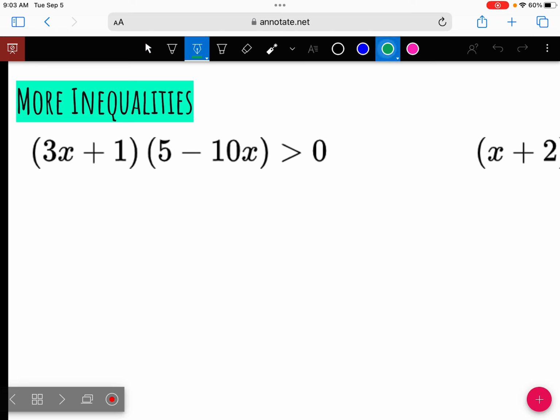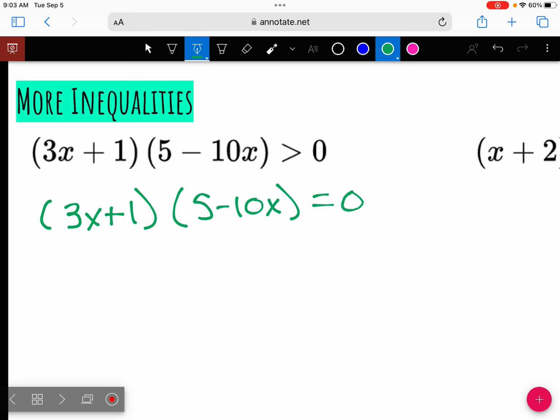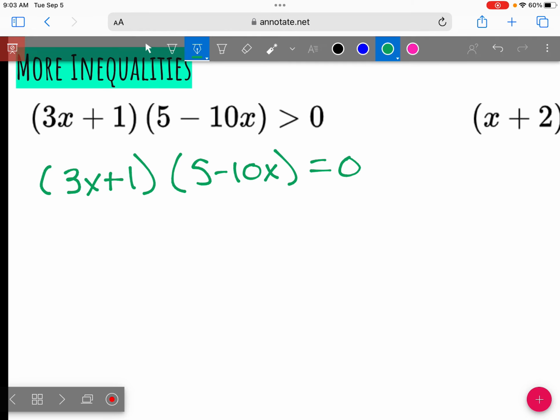So find the zeros for if this was 3x plus 1 and 5 minus 10x equals 0. Find our zeros. So what are our zeros going to be here?